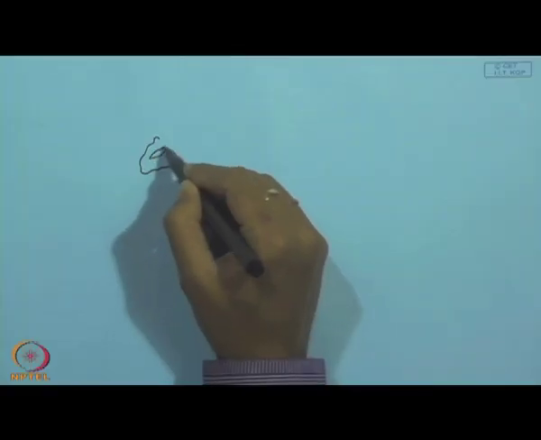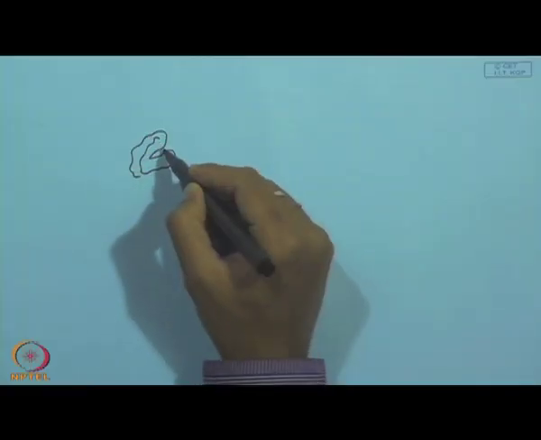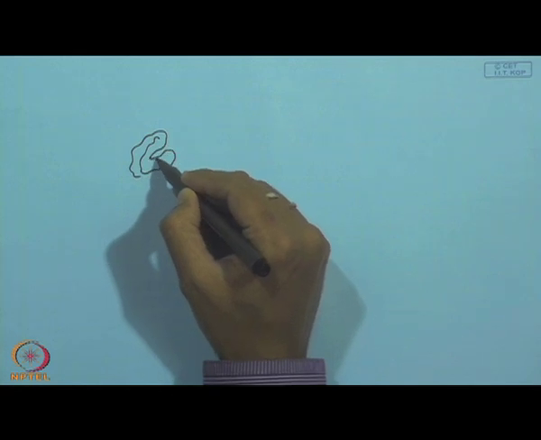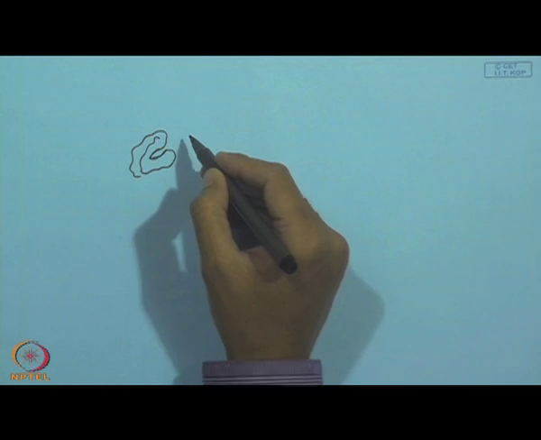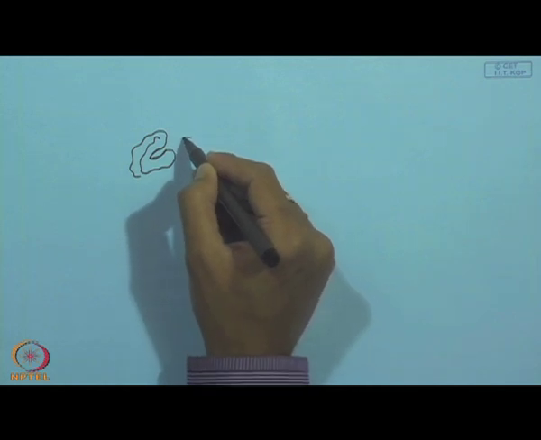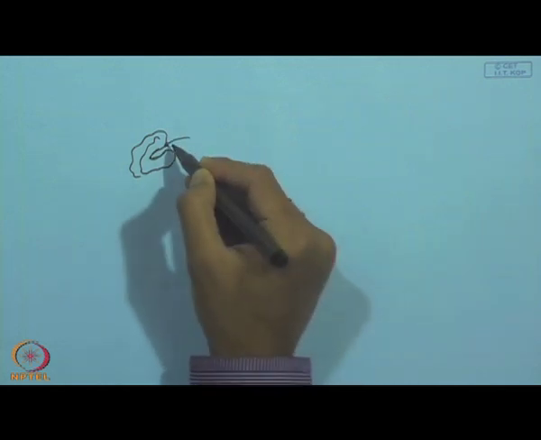Now, next, let us have a very simplistic description of enzyme catalysis. An enzyme is a macromolecule like this, and it has certain pockets, and in this pocket the substrate binds.